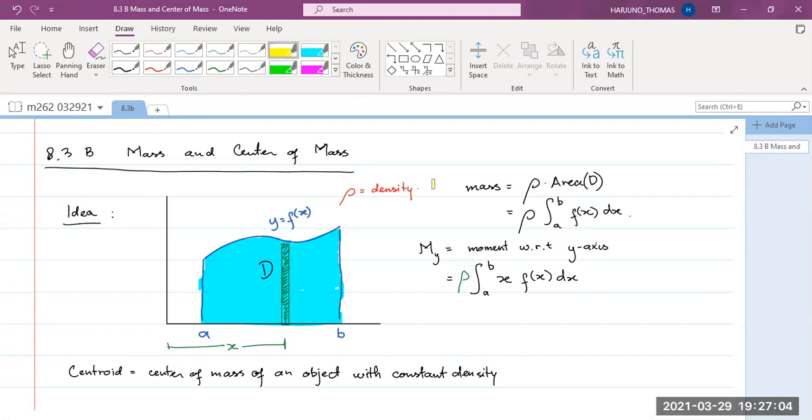The mass is actually rho times f(x) times dx, right? That's the mass of that rectangle multiplied by the distance from the y-axis. That's what we call the moment. Now the moment of all those rectangles is the integral in this expression.